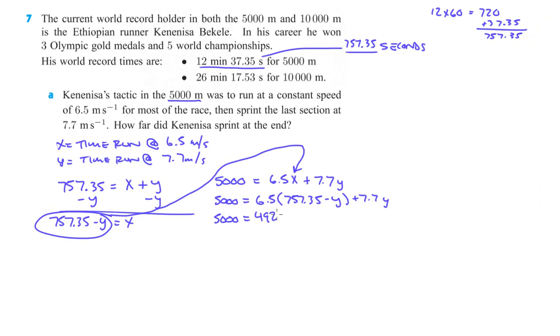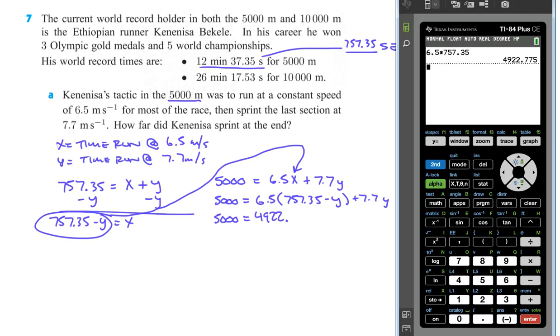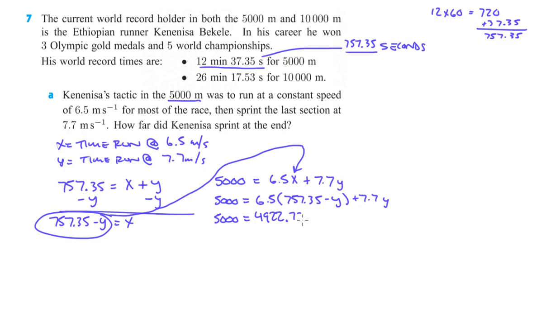So 4922.775 minus 6.5 Y plus 7.7 Y. Okay, so 5,000 equals 4922.775 plus 1.2 Y, right? So then subtract the 4922.775 from both sides.